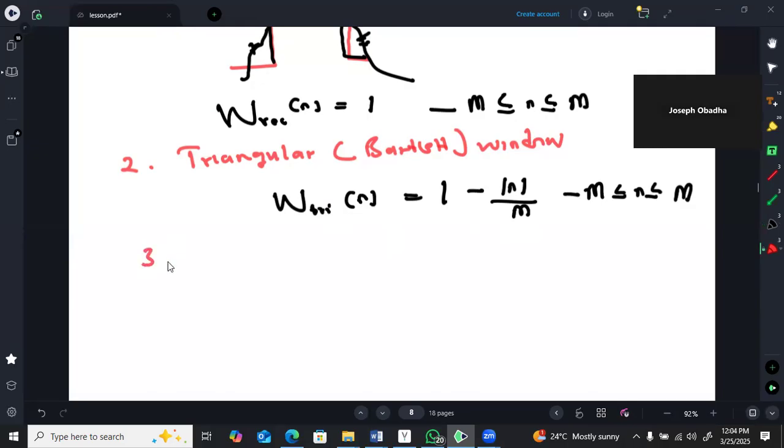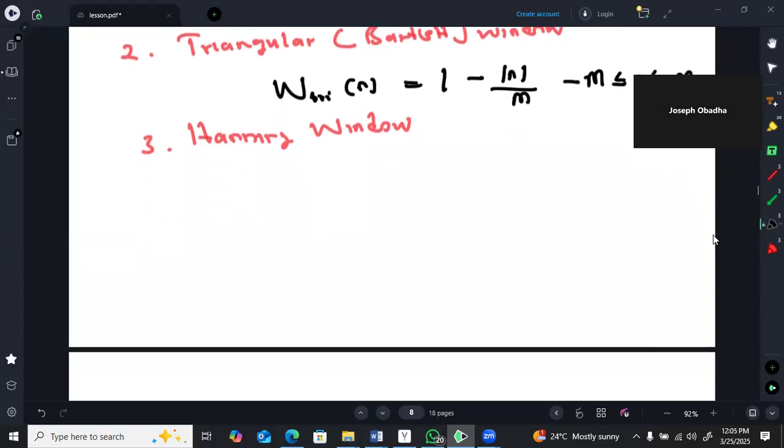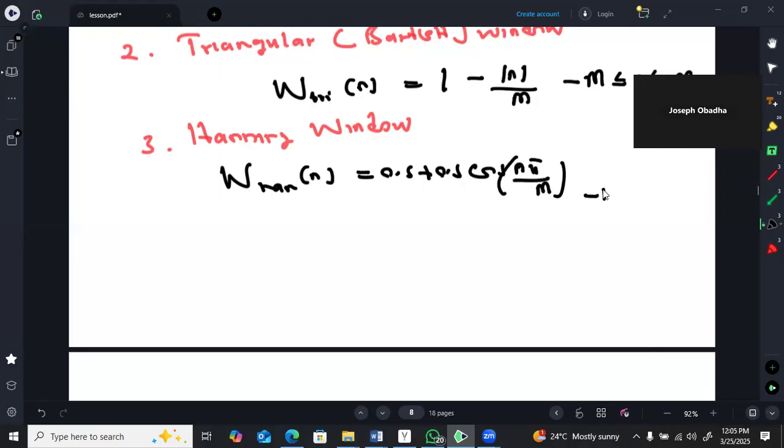Then we can also talk about the Hanning window, having the characteristic given by W Han n equal to 0.5 plus 0.5 cos n pi over M for the whole range of the filter coefficients.